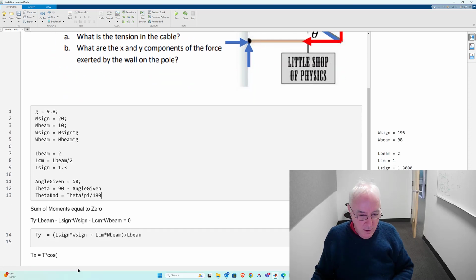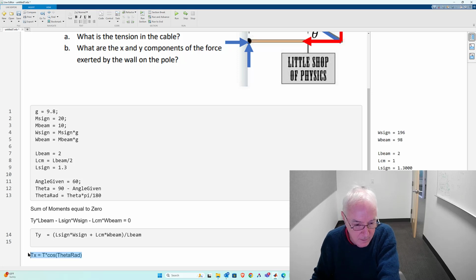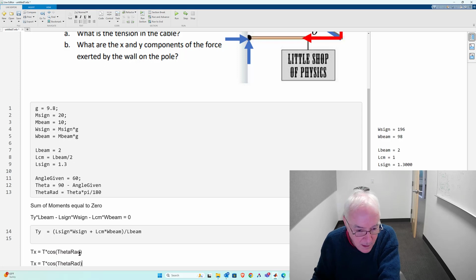And so we have that for Tx, and it'll be sine for Ty.